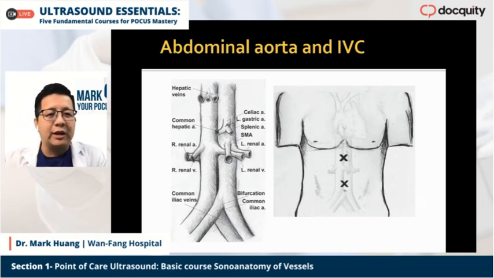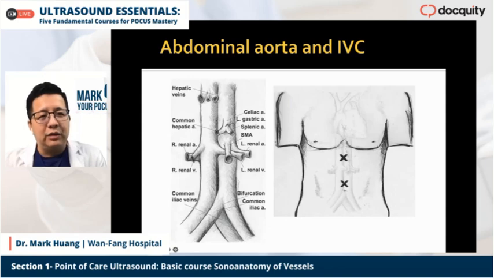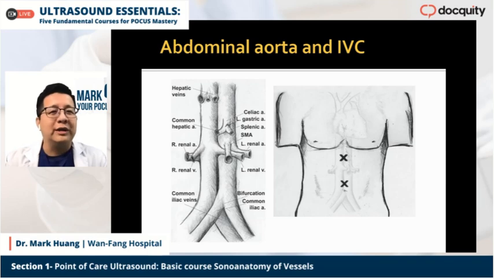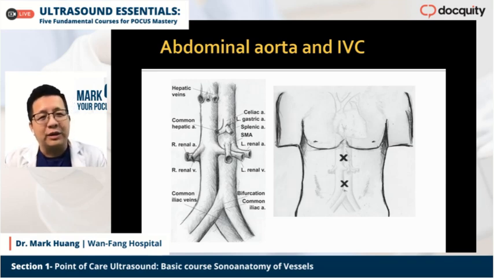Okay, so let's check. If we see the aorta, we just follow the main trunk, and the first division is the celiac trunk, and the celiac trunk goes to the right side, the patient's right side, as the hepatic artery, and to the left side as the splenic artery.